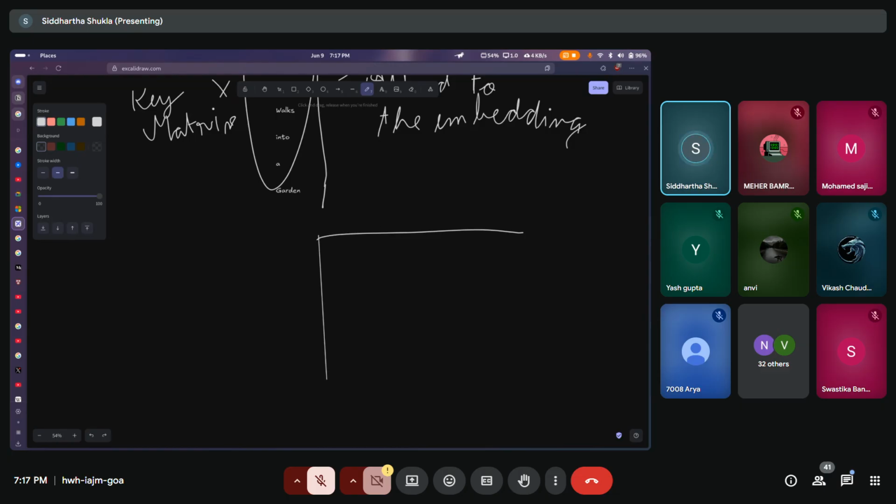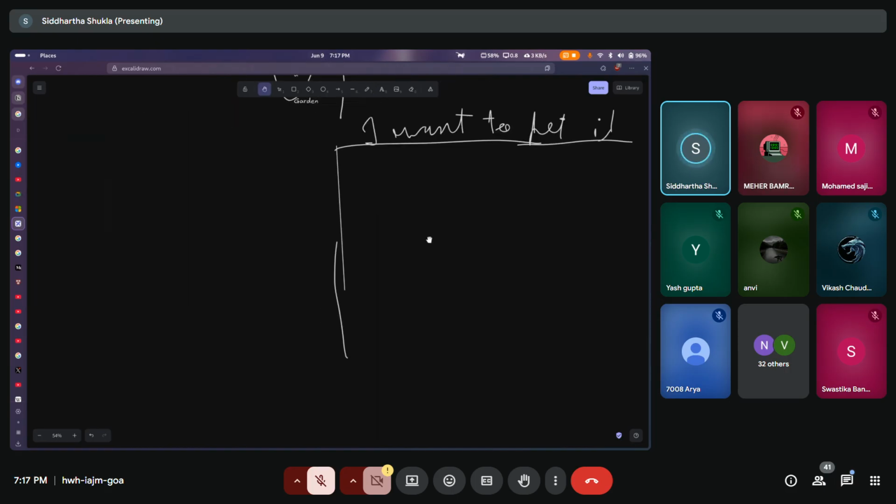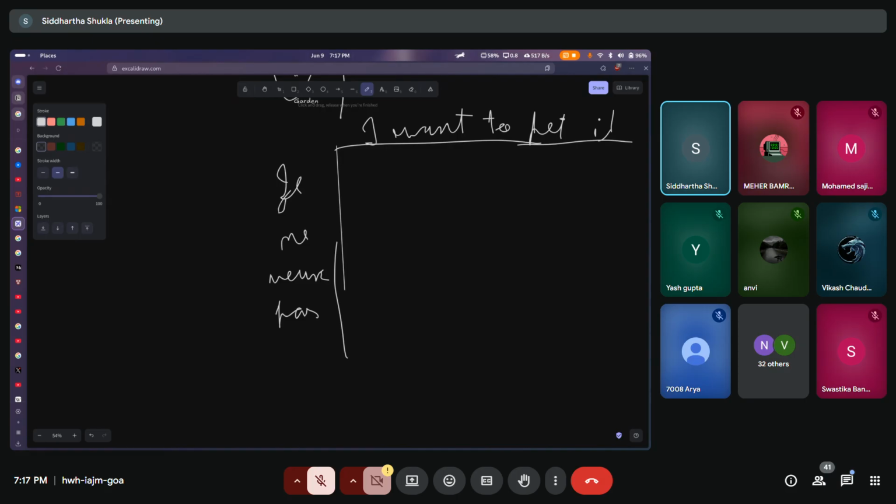Say the query is "I want to pet it," and the key matrix is in French, as we said before: "je ne veux pas caresser ça."